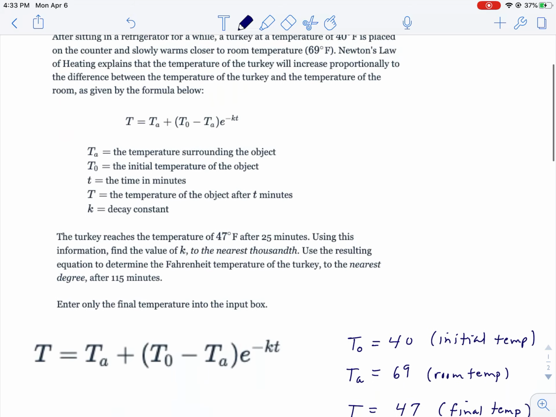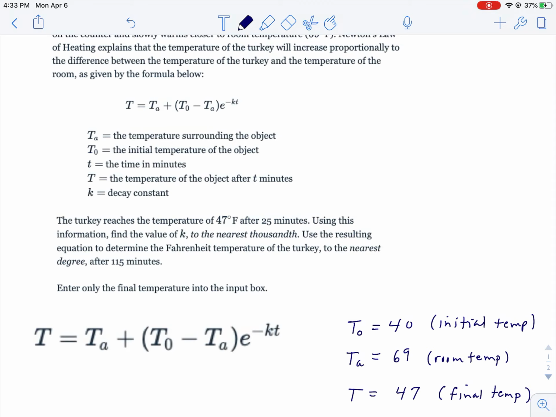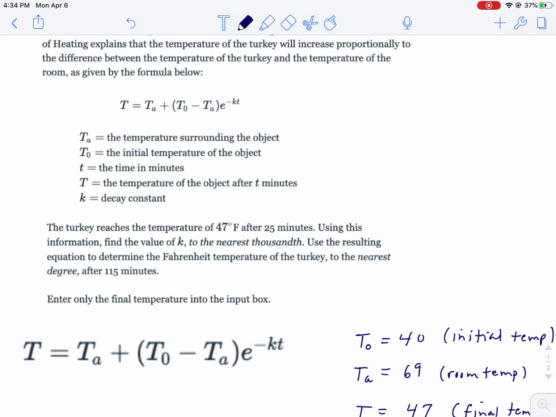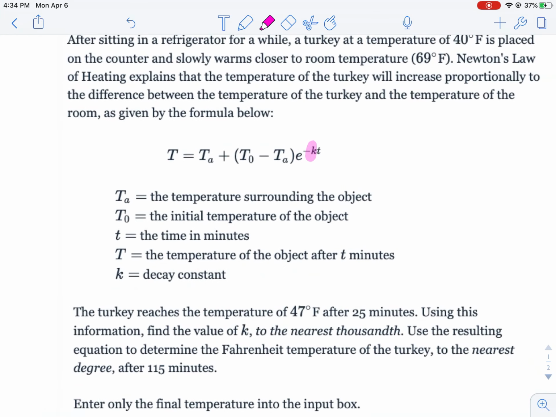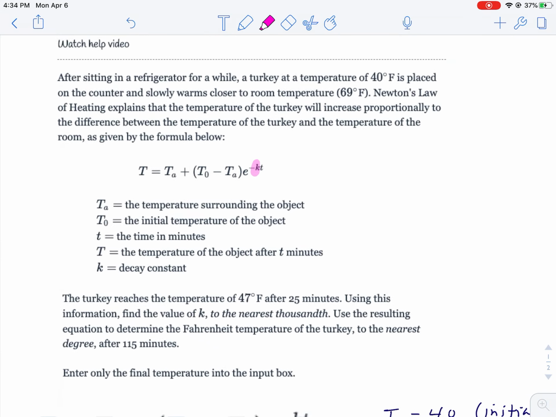So if you read down below here, it says eventually it took 25 minutes, the temperature got up to 47 degrees. So that will allow you to find the heating constant, which in this case is K. This is the one thing you've got to solve for in this equation. Of course, that varies depending on what we're talking about, whether it's a turkey or water or whatever the substance is.